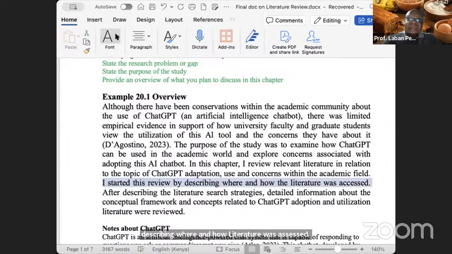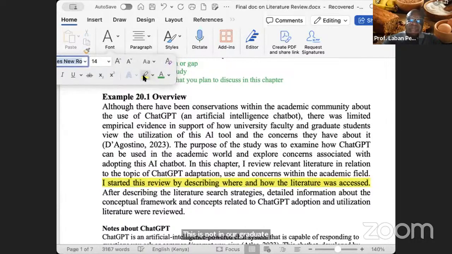This is not in our graduate handbook. But I find it of value that a good researcher will tell us, this is where I went to get the literature. Was it Emerald database? Was it ERIC? Was it the Library of Congress? Can you tell us which were your main databases?